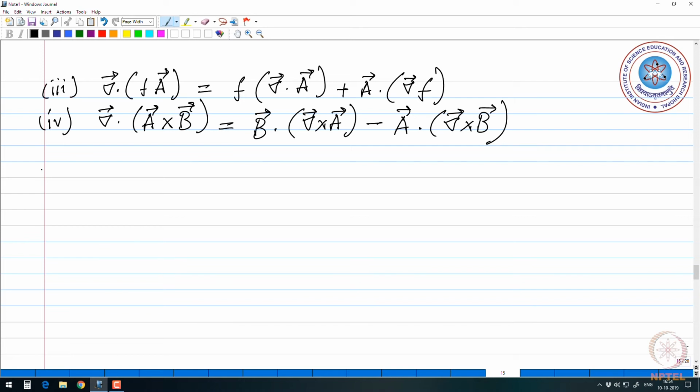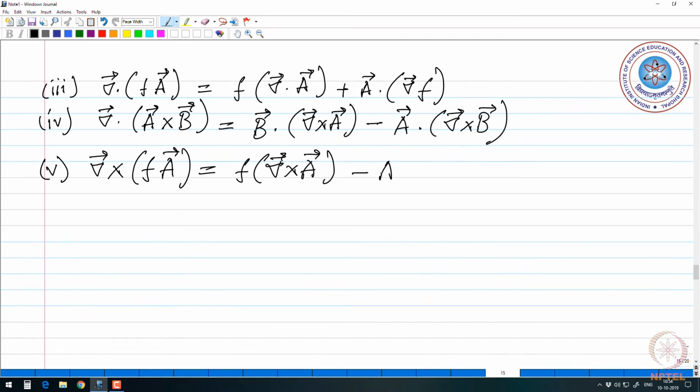And the expressions for the curls can be given as curl of fA is f curl of A minus A cross gradient of f.